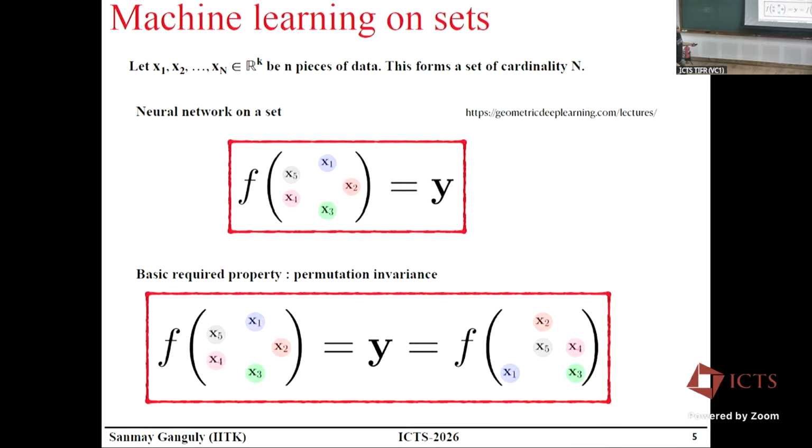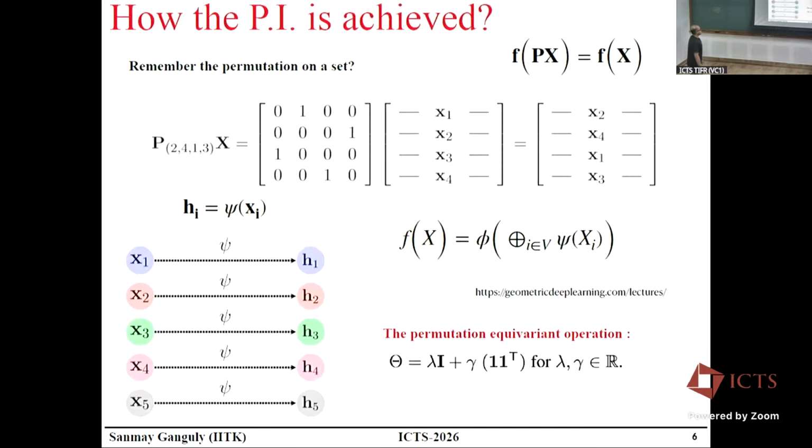First of all, it has to be permutation invariant, which means that if you randomly swap the order, the output of the function shouldn't change. That's the first criterion. And then there are criteria for how you construct a nonlinear inductive bias on such sets.